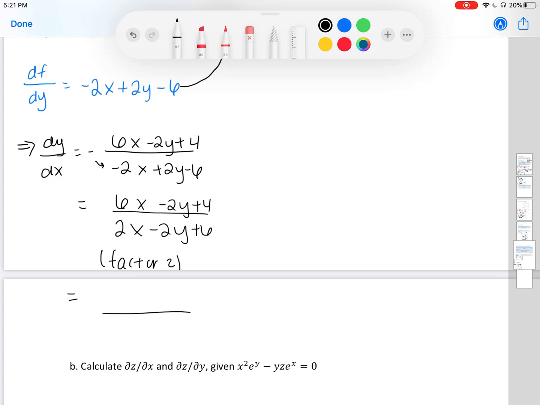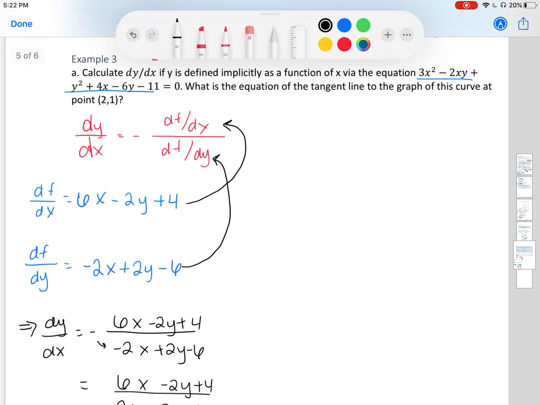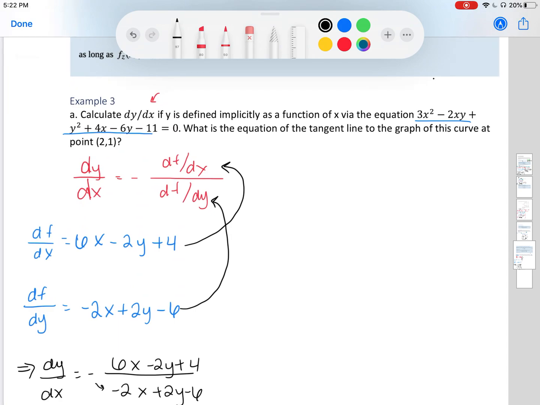That gets you to 3x minus y plus 2 over x minus y plus 3. All right, so that's our derivative. Now our question is asking for the tangent line. To find the tangent line, you plug in the point, which gives you the slope, and you use your point-slope formula.